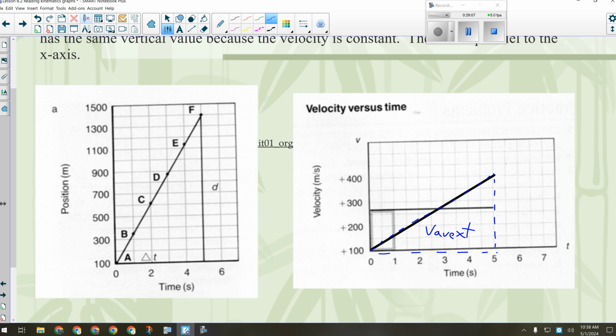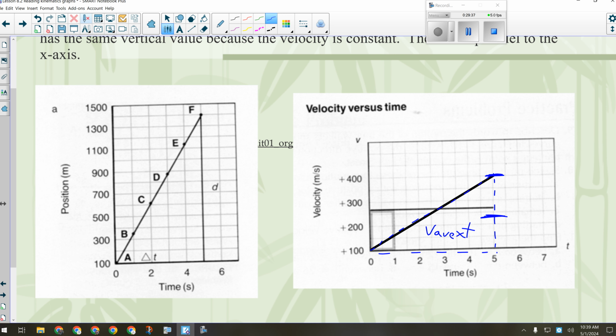Okay, let me ask you a different way. How do you calculate the area of a triangle? Base times height divided by 2. The base is time, agreed? The height is velocity. If I divide my final velocity by 2, would that number represent my average velocity during that time?